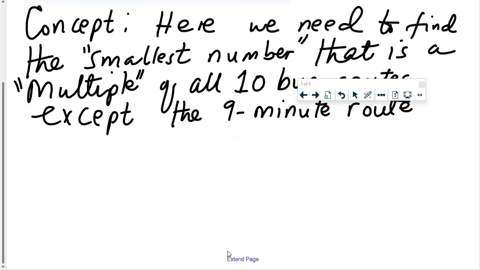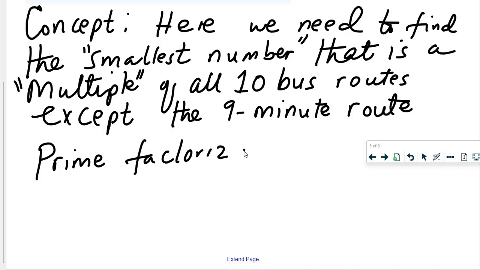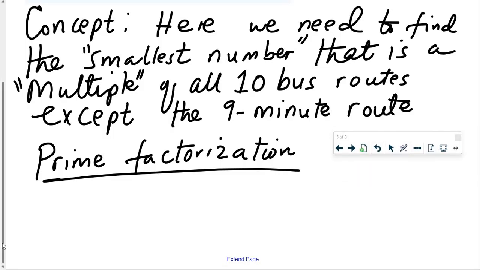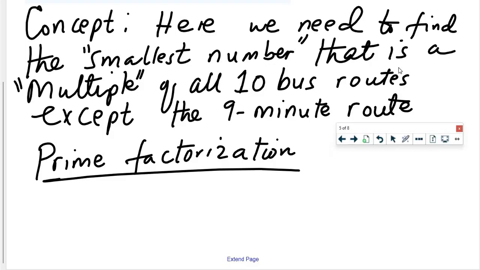So now pay attention. What is the method for LOCM? We call it prime factorization. How does this prime factorization look like? We keep all the numbers: 4, 5, 6, 7, 8.